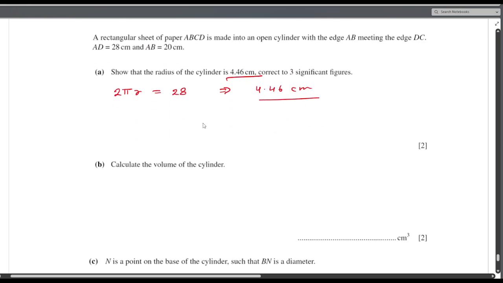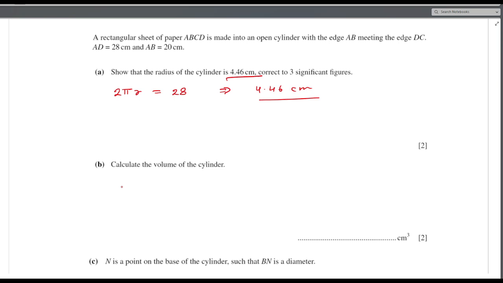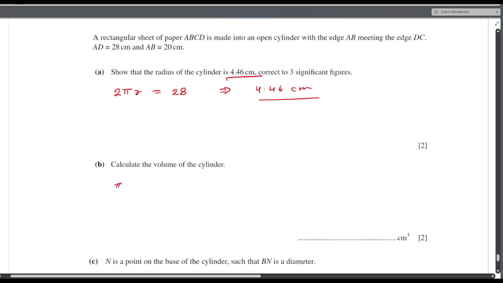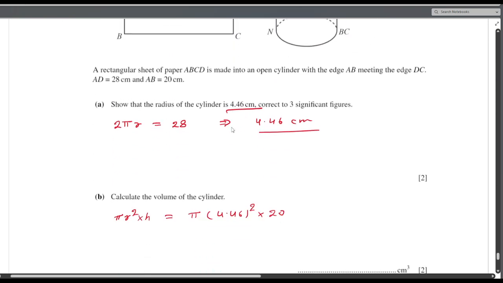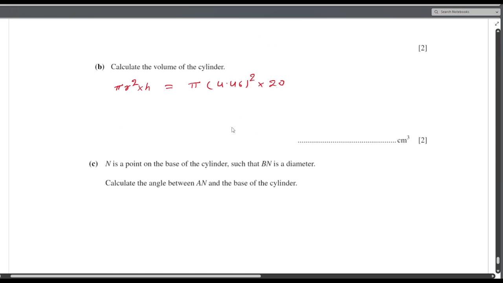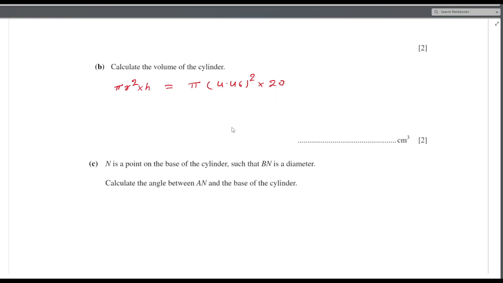The formula for the volume of the cylinder is cross section area, which is pi r square, into your height h. So pi, the value of r is 4.46 square, into h is 20. So it is 4.46 square into pi into 20.